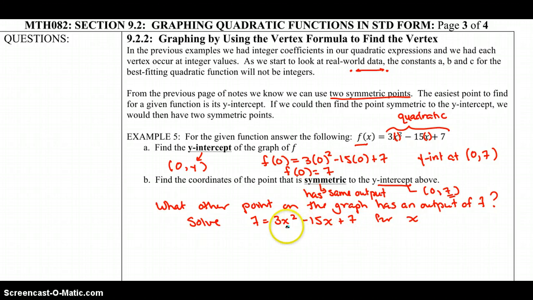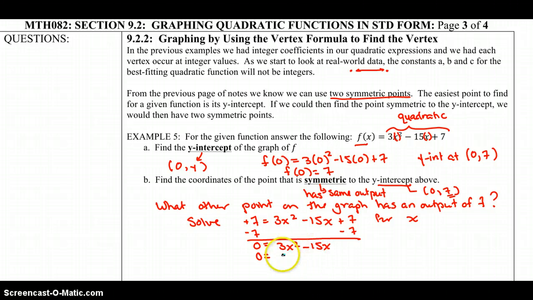Again, it's quadratic, so our first step, so that we can use the zero factor property, is to get all the terms on one side. So we subtract 7 from both sides, and we get 0 equals 3x squared minus 15x. Our goal is to get it equal to 0 with a factored form on the other side.